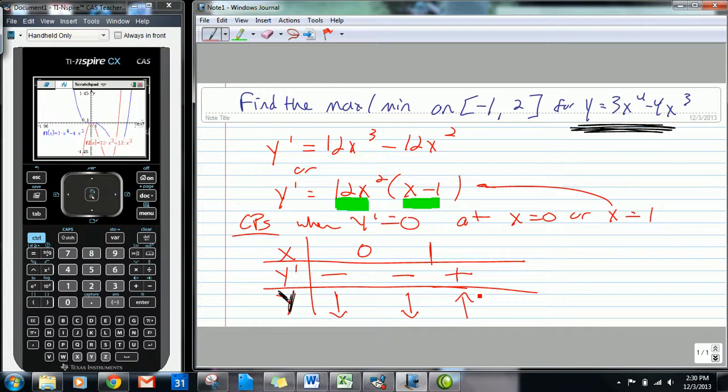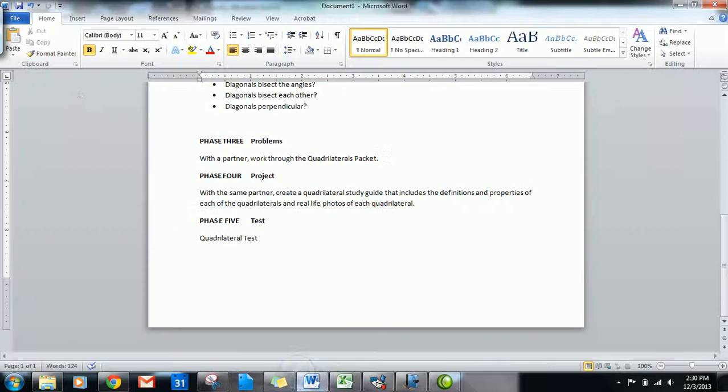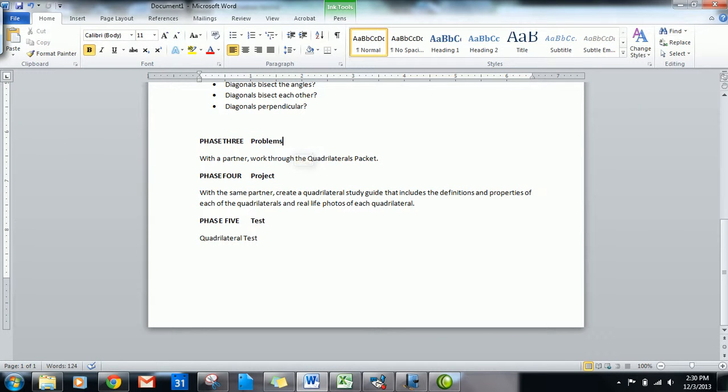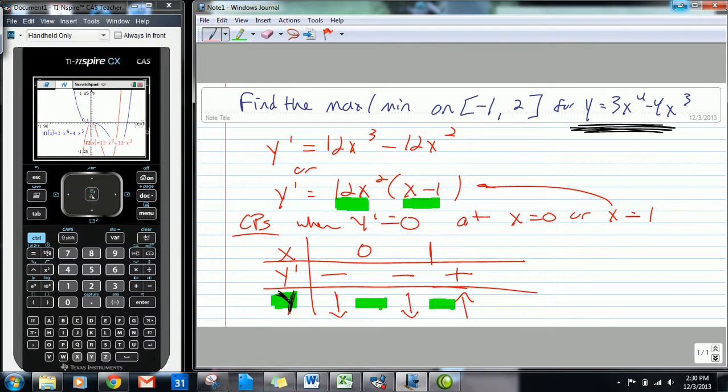All right? So now let's think about what that means. What's happening on our function at these two critical points, at 0 for x and at 1 for x? Well, at 0, that's where the function, the blue function, that's what we're analyzing, changes from decreasing, it stops momentarily at 0, and then decreases some more.